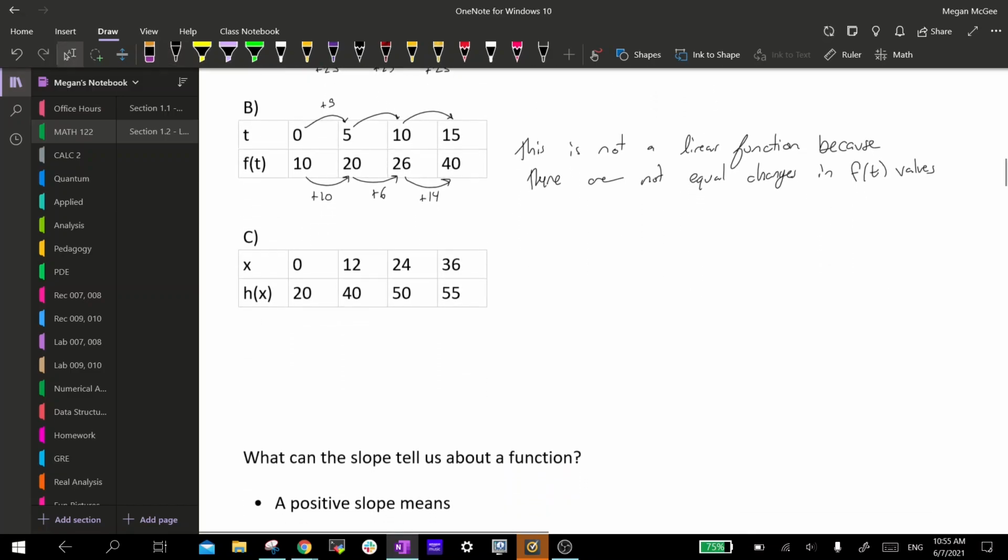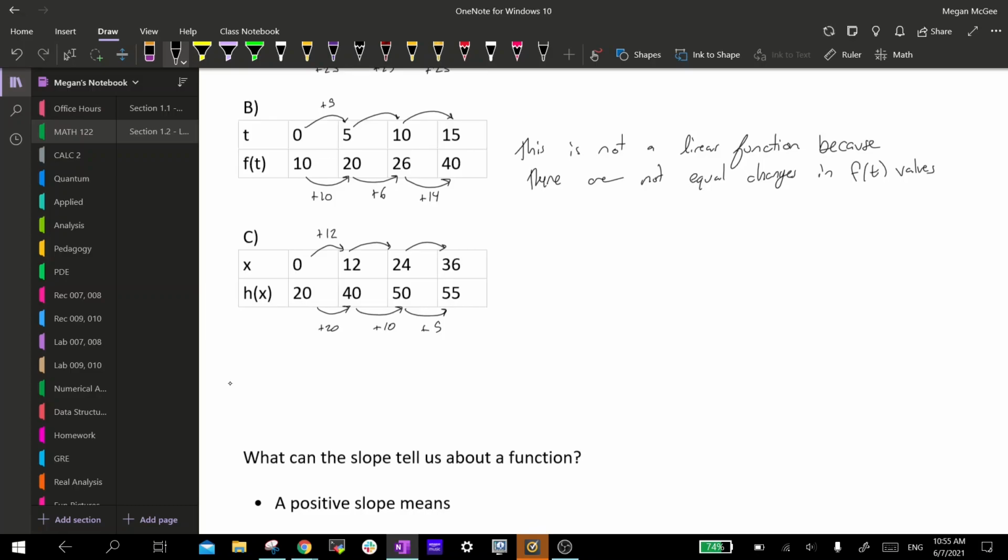Okay, and then for part C, it looks like we're adding 12 each time for our x values. That looks good. And then 20 to 40, we add 20. 40 to 50, we add 10. And 50 to 55, we only add 5.